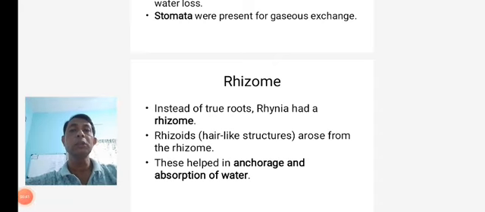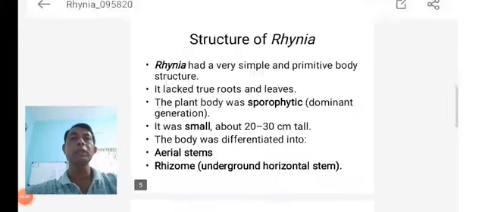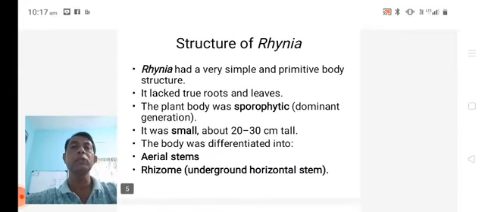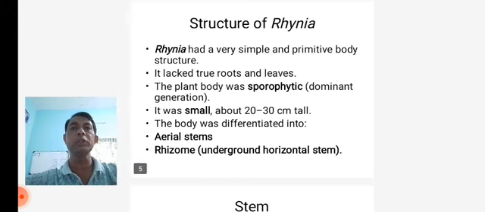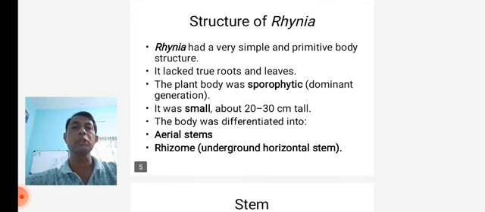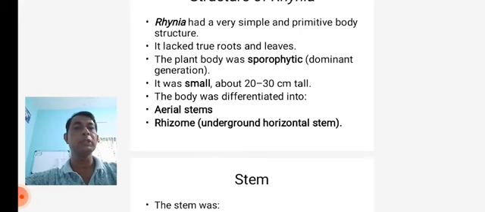So this is today's lecture about Rhynia. Once again, let us take a look at Rhynia. It has a very simple and primitive body structure. It lacks true leaves and roots. It is a dominant sporophytic structure, about 20 to 30 centimeter tall.